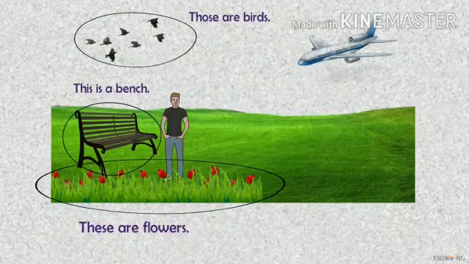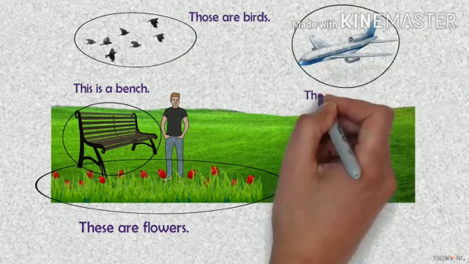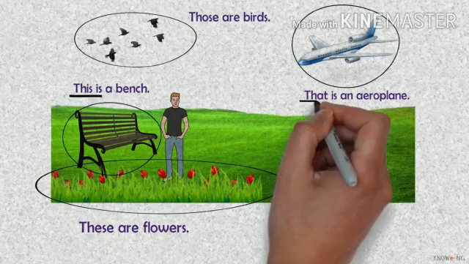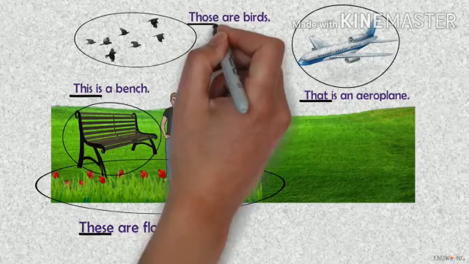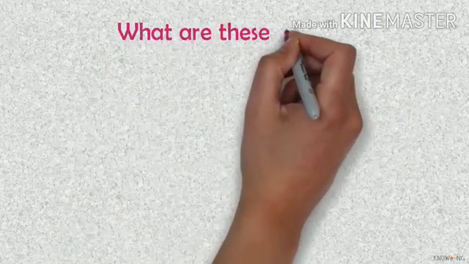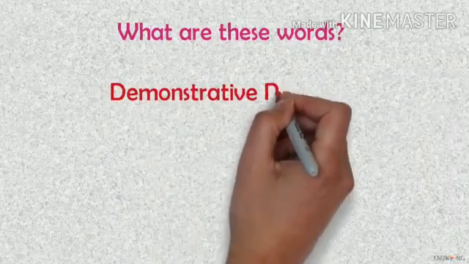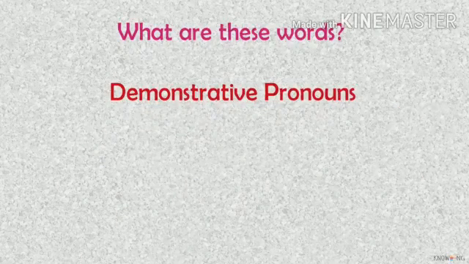Those are birds. That is an aeroplane. Dear children, from these sentences, the words this, that, these and those, what are these words? These words are called demonstrative pronouns.